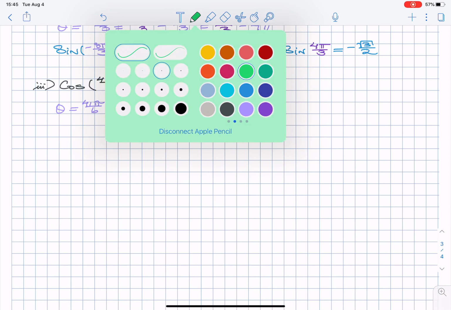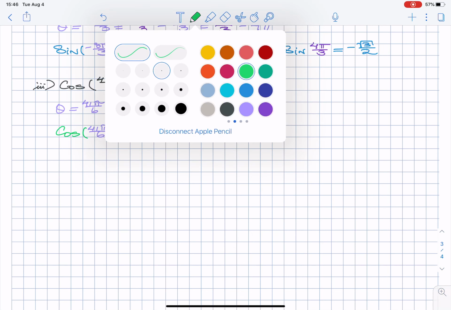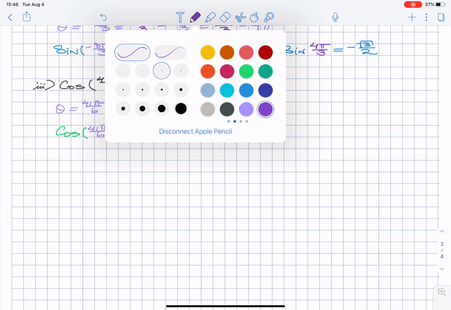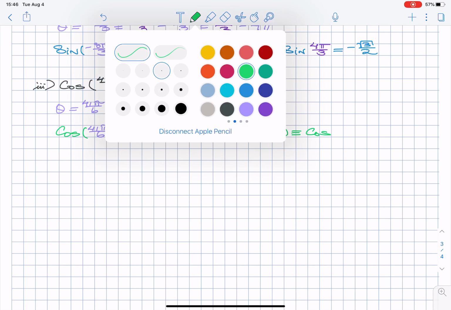So I claim that cosine of 41 pi over 6 is really cosine of the quantity 5 pi over 6 plus, well, 6 pi is really 2 pi plus 2 pi plus 2 pi, right? So I've gone full circle 3 times beyond 5 pi over 6. So this is just going to be equivalent to cosine of 5 pi over 6.